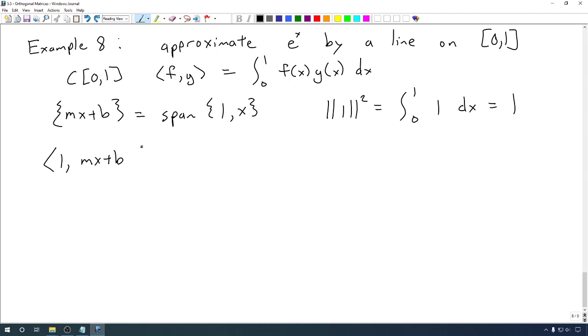Actually, if I'm assuming here that I can rescale it later, let's assume that m is equal to 1, and that will simplify some of the work. So once I find an x plus b that's orthogonal to 1, I'm going to divide it by its magnitude. Now, using our formula, we have the integral from 0 to 1 of 1 times x plus b.